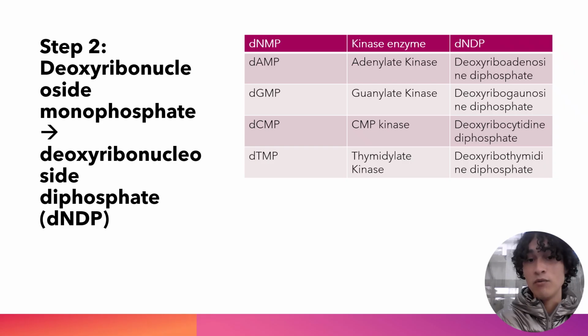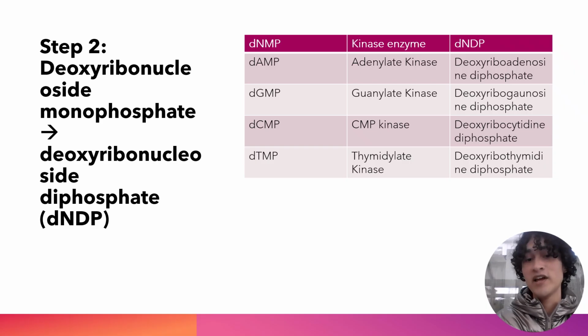For deoxyguanosine monophosphate, it's guanylate kinase. For deoxycytidine monophosphate, it's cytidine monophosphate kinase, and for thymidine monophosphate, it's thymidylate kinase. Okay, and as I said, the end product will be a deoxyribonucleoside diphosphate.